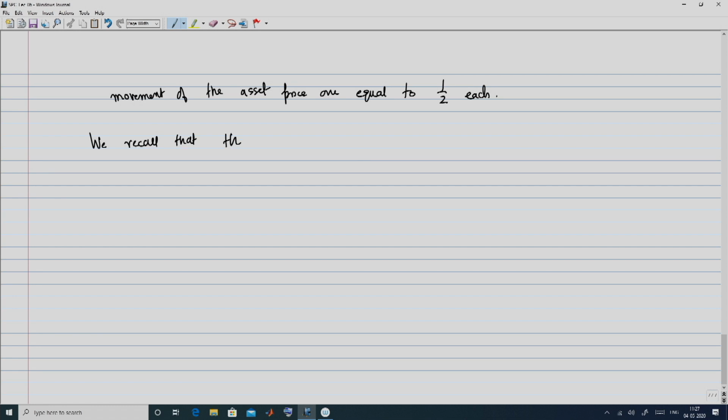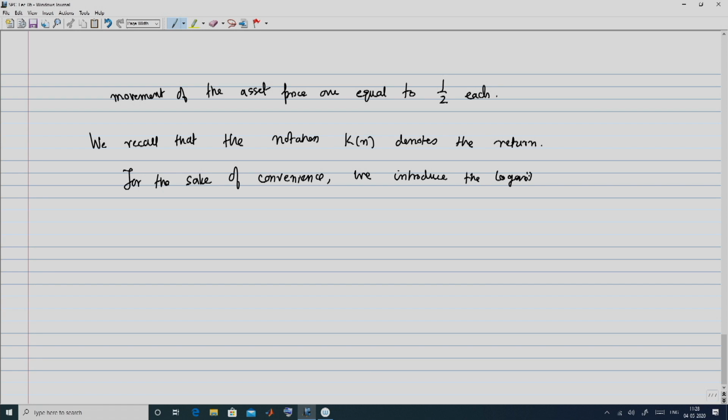So, recall the notation Kn, which denoted the return at the nth time step. Now, for the sake of convenience, and we will later on see why this needs to be done, we introduce what is known as the logarithmic return.